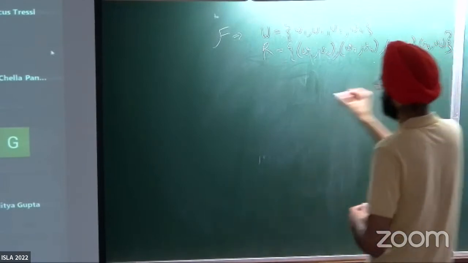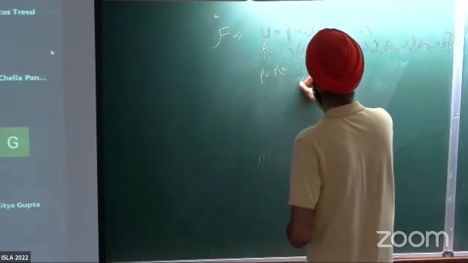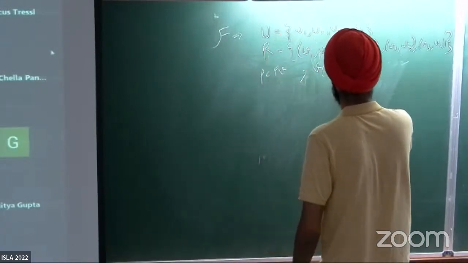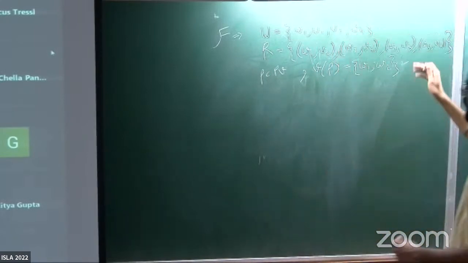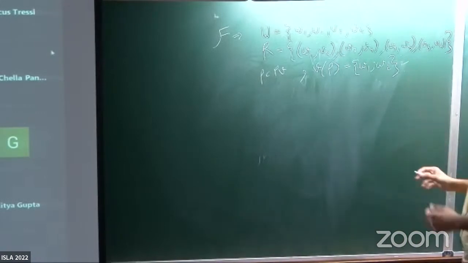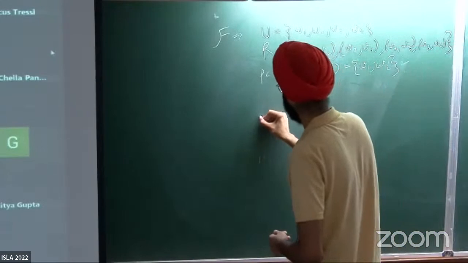For simplicity, let's take only one propositional variable P belonging to PV, such that in this valuation, the valuation of P is W1, W2. So I have written mathematically the frame and model, because I have written the valuation as well. So now let's draw the diagram.